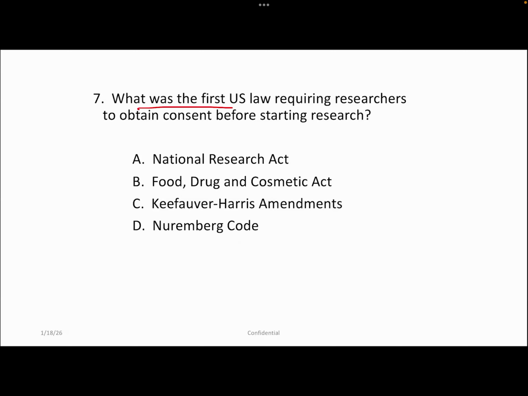What was the first US law requiring researchers to obtain consent before starting research? It is a law. A majority are saying option A, National Research Act.